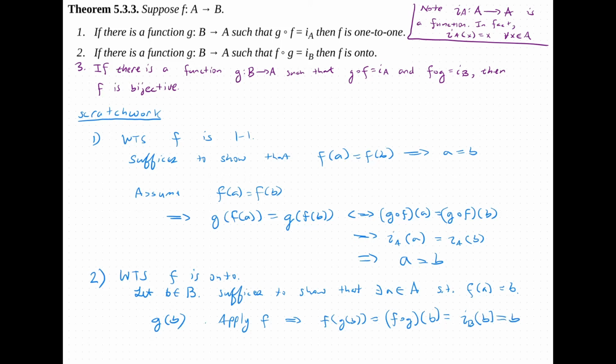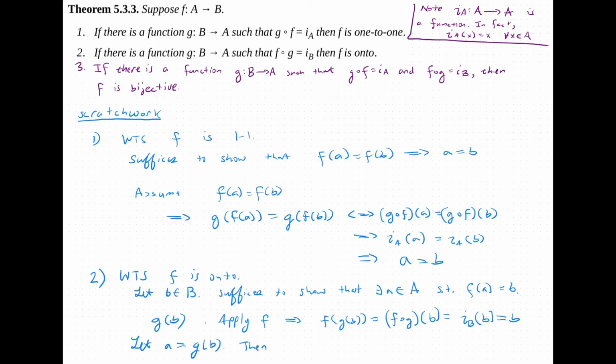And so we got that this here, upon applying f, gives us back b. But now this is telling us that if we take f of g of b, we get back b. So now we can take a, now let a equal g of b.